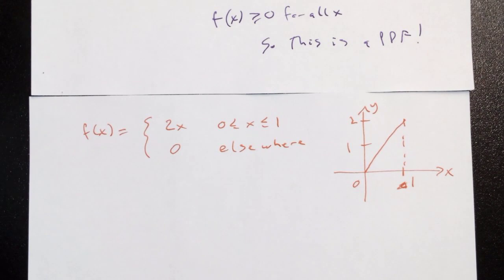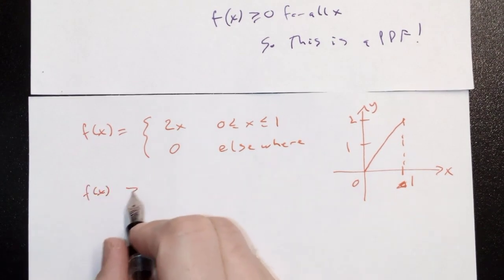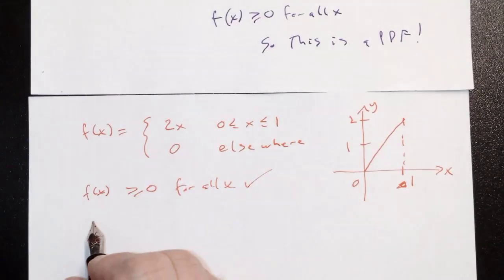Again, I asked the two questions. Is this function ever negative? The values it spits out are either 0 or they're on that line. That's always non-negative. Total area.